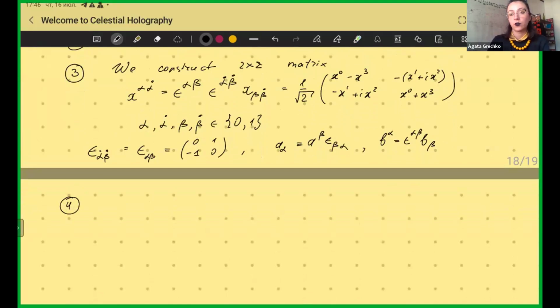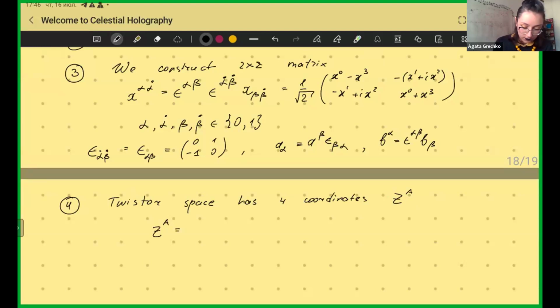I will right now not actually define it, but write the connection of a twistor space, which has 4 coordinates Z^A, and these coordinates will be given as a set of mu with a dotted upper index, where alpha dot can have values 0 dot and 1 dot, and the variables lambda with an undotted index.